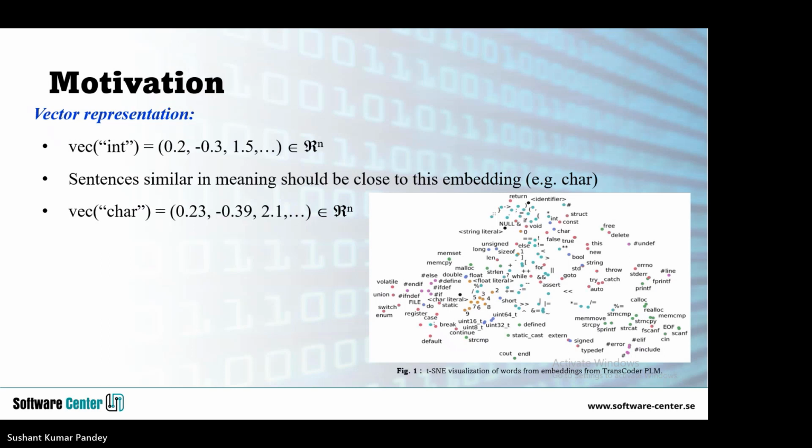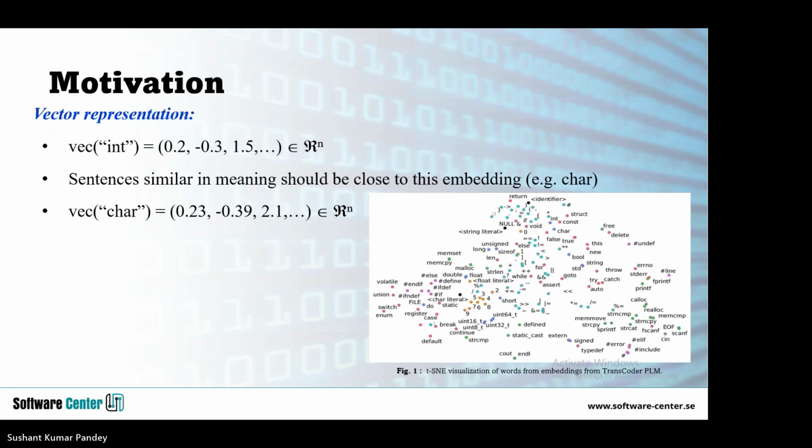this figure is a t-SNE visualization of one of the programming language models from Facebook. You can see that the vector representation of int is like 0.2, minus 0.3, and the vector representation of char is almost the same as int. So it indicates that the vector representations of these two entities are very similar, which means they are very close to each other in n-dimensional space.